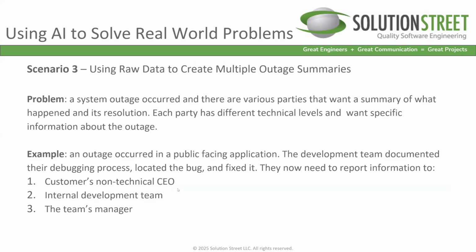I've been in a lot of situations where you'll fix an outage, or anything, and then someone will ask, hey, can you tell me what happened? You handwrite what happened, and then you have to deliver the same message to someone else, and then to someone else again. You end up writing a lot of the same things multiple times in multiple different ways.